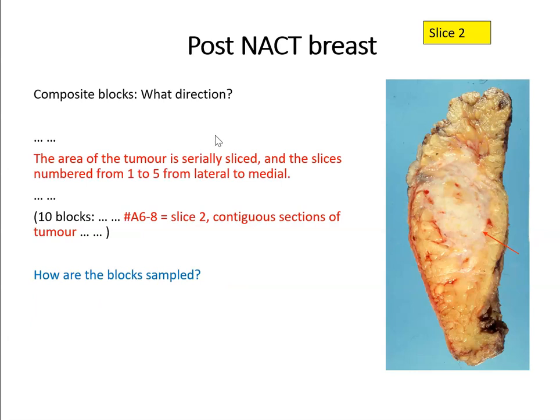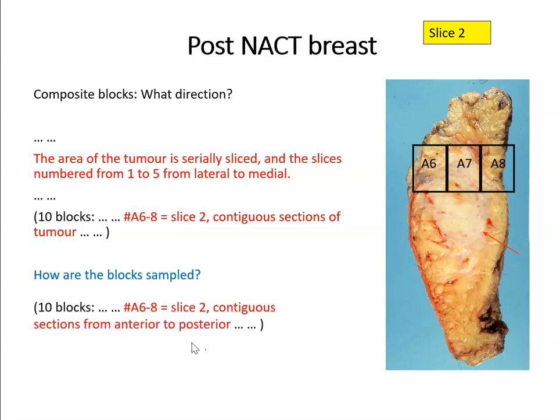And as I mentioned, if composite blocks are taken, and we just see this A6 to 8 is slice 2 contiguous sections, we don't really know which direction the blocks are taken from. Are they taken in this direction? In which case, a better description would be A6 to 8, slice 2 contiguous sections from anterior to posterior.